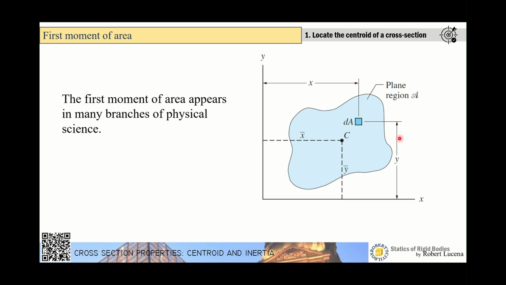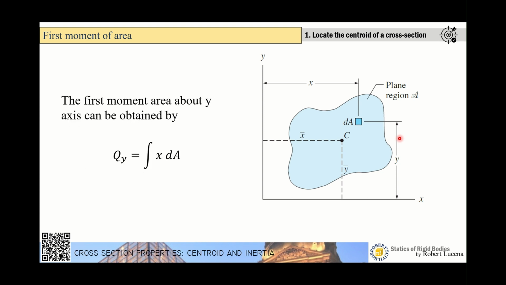This first moment of area appears in several branches of physical science. The most common notation used for it is Q. So for first moment of area, we use the simple Q.